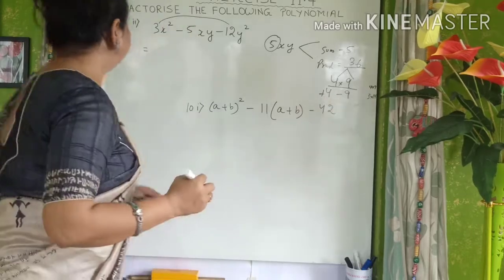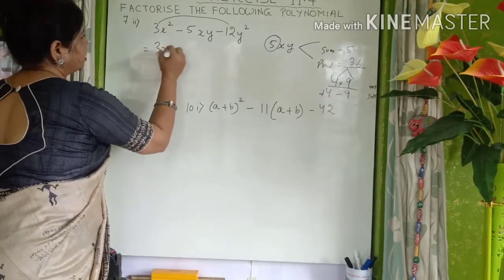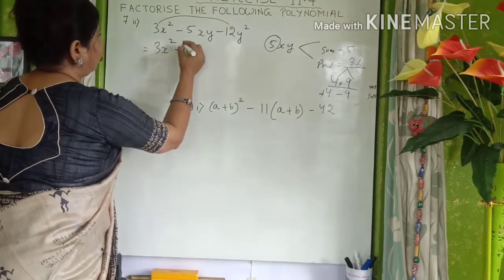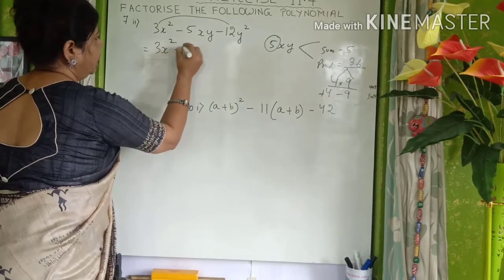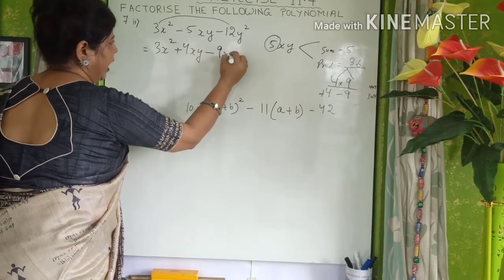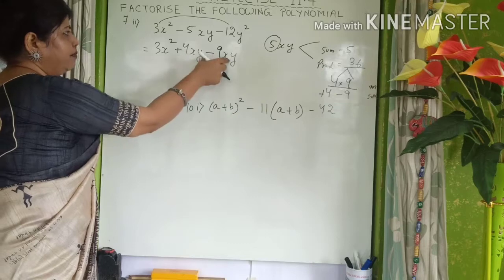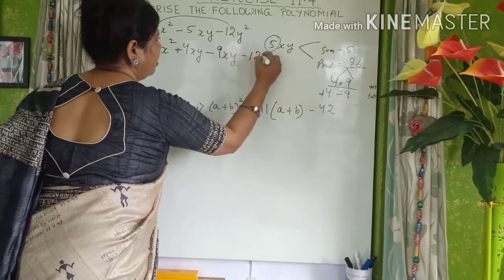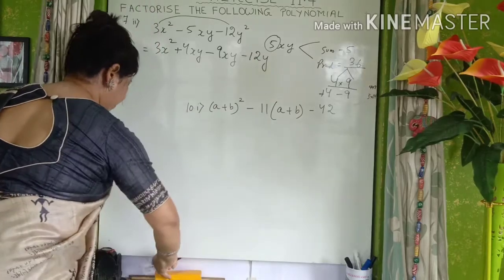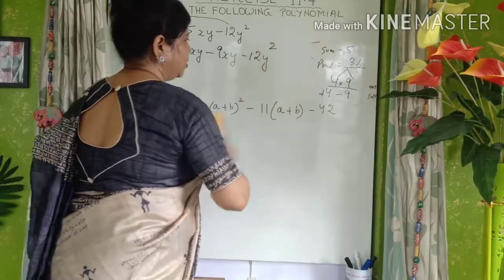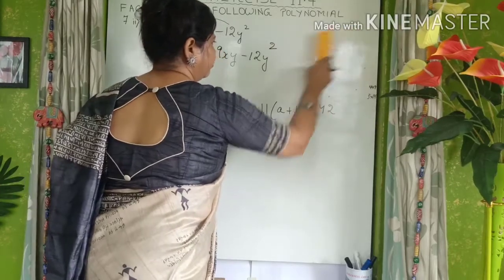So let's begin. So 3x square plus 4xy minus 9xy. So plus 4 minus 9 will give me minus 5. Minus 12y square. So now you can remove the rough one.